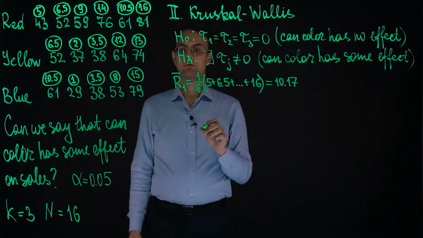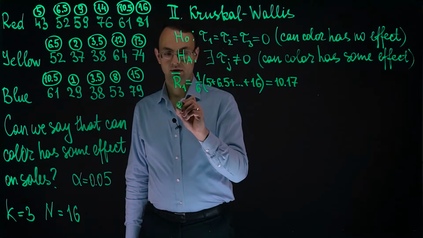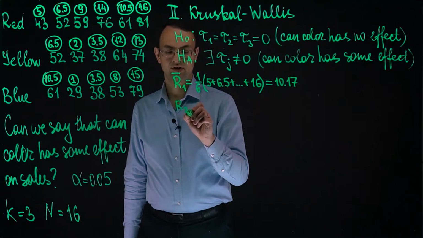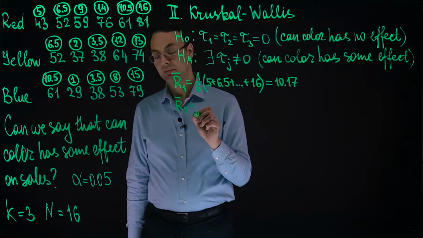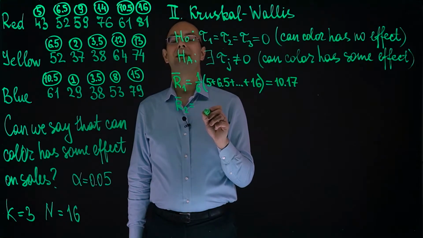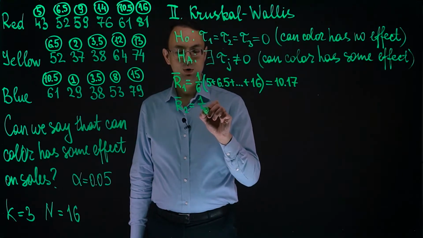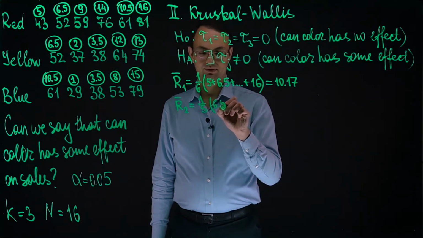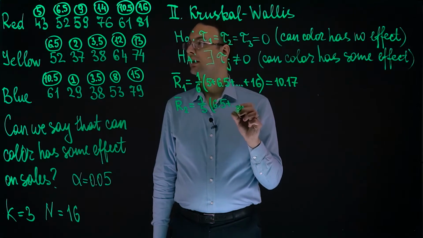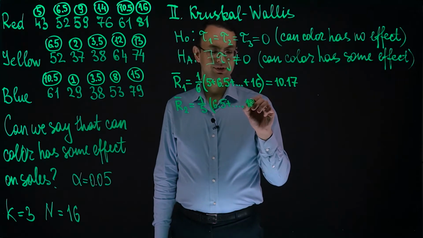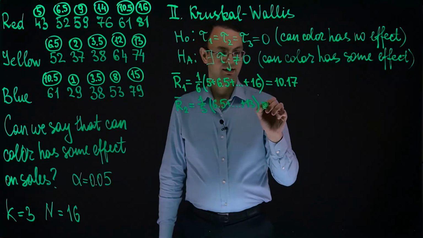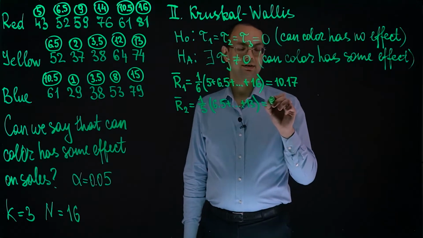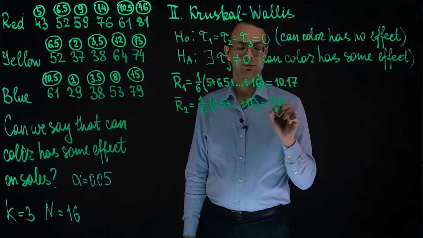Then the mean rank for the second sample, 1/5 times 6.5 plus up to 13, and it is 7.4.